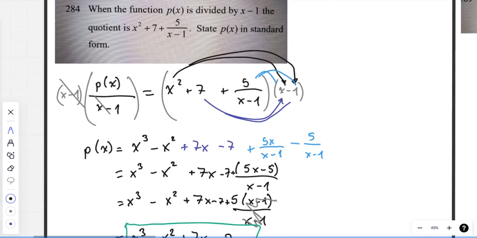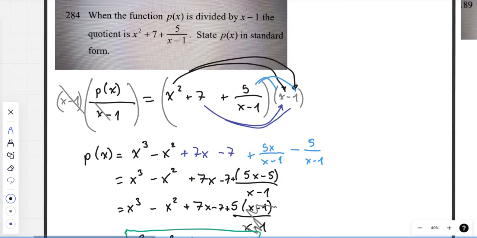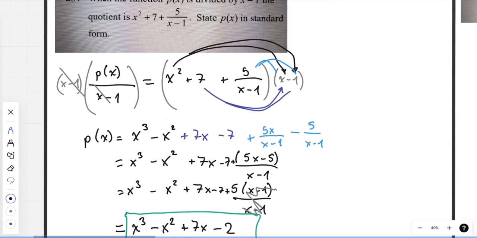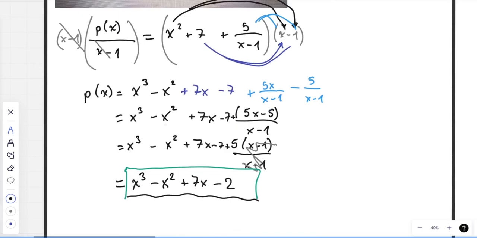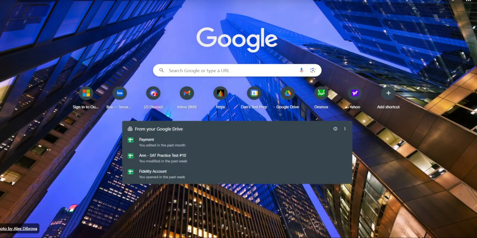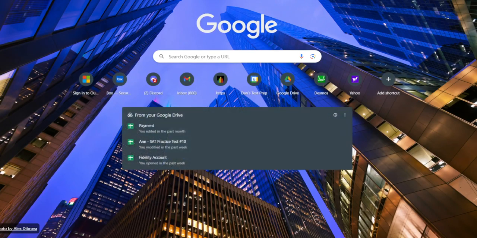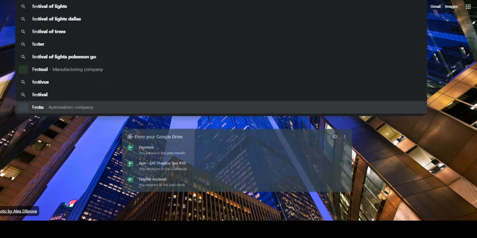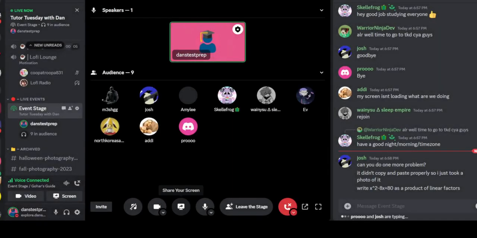Now I really want to make sure that this is correct. So we can actually graph this out in Desmos and just make sure. But let me check. Oops. Oh, shoot.